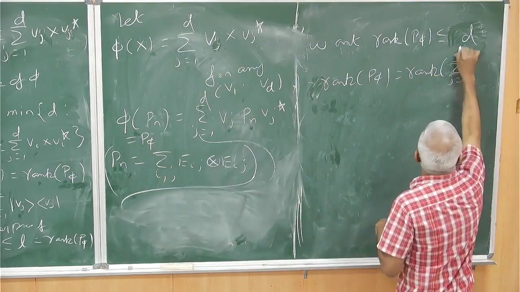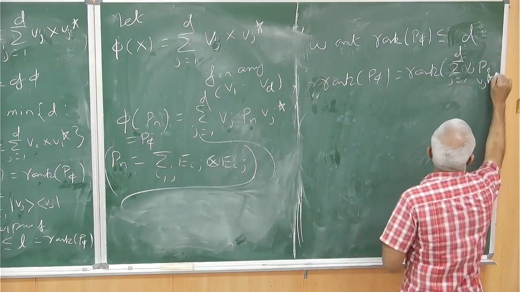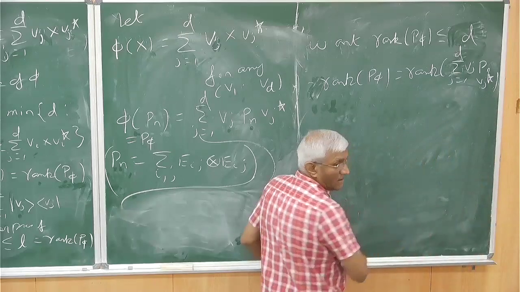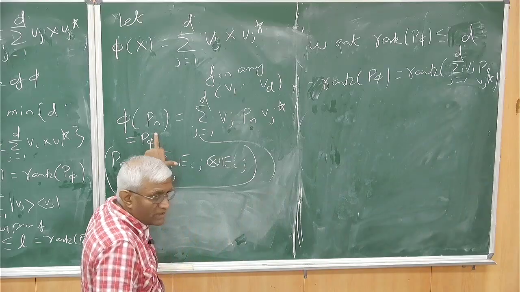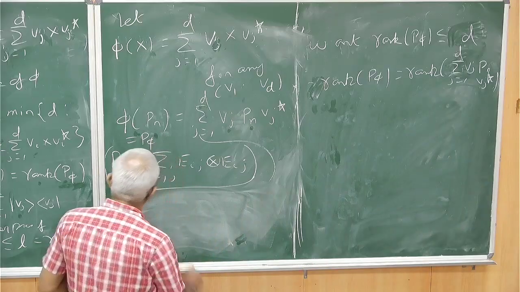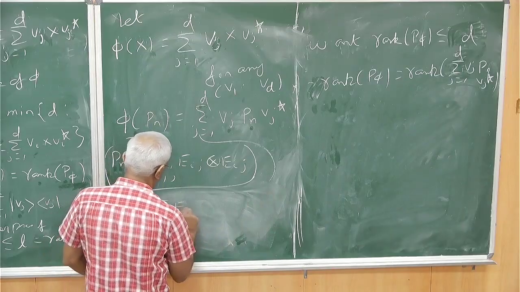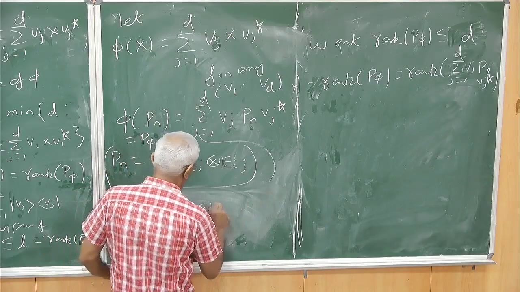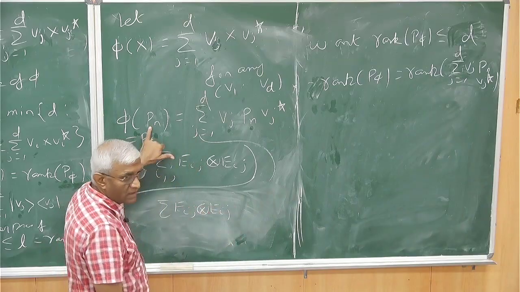D Vj Pn Vj star. This one tensor? No, this is Eij tensor Eij, summation Eij tensor. Not one tensor, Pn.